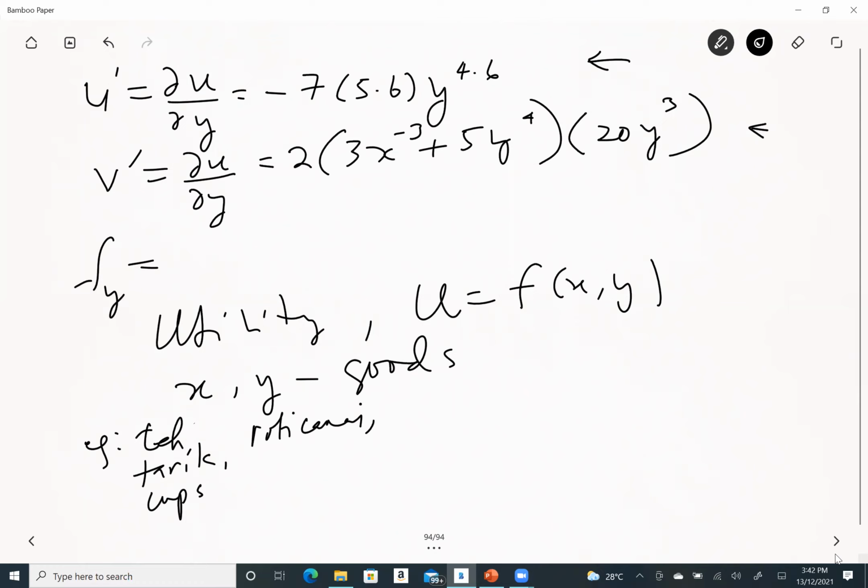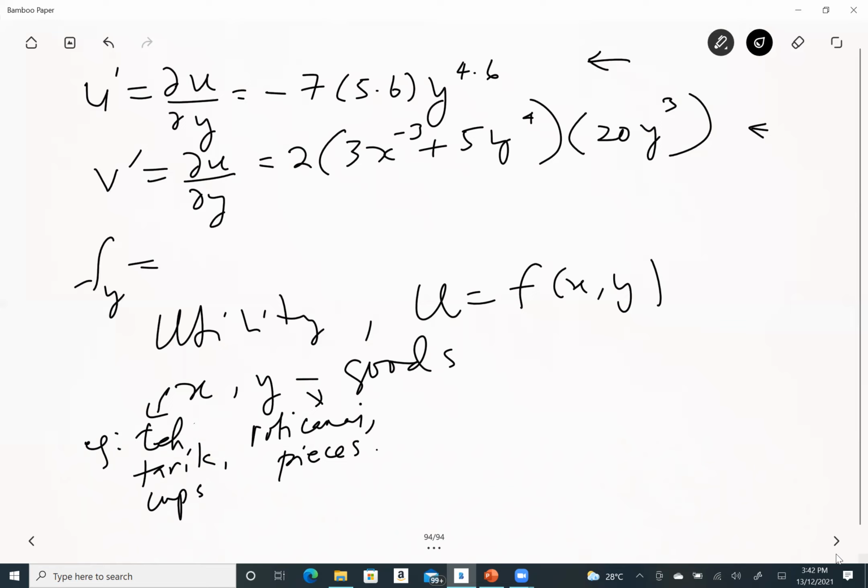I think it's roti canai or prata. You know, in India, Pakistan, they call it prata. Roti canai in pieces. So your satisfaction would come from the consumption of X and Y, where X is teh tarik and Y is roti canai. So that gives us utility.